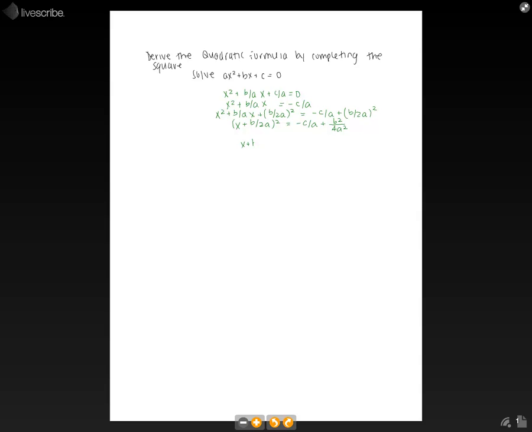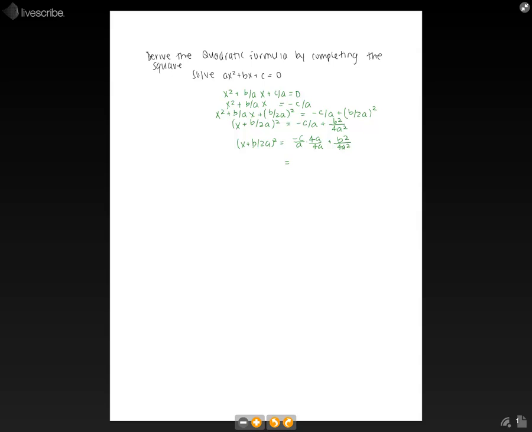Now we need to simplify our right side, so we'll copy down our left. We know we need to get a common denominator. If we have a and 4a squared, our common denominator is going to be 4a squared. So that means we need to multiply our negative c over a by 4a, and then add that to our b squared over 4a squared.